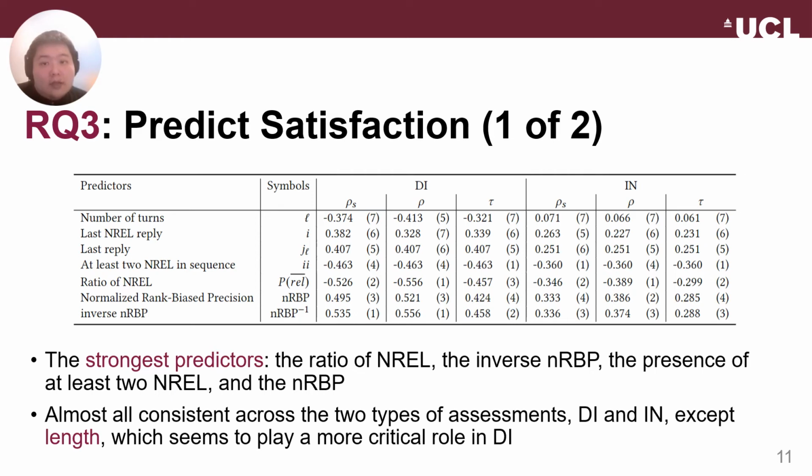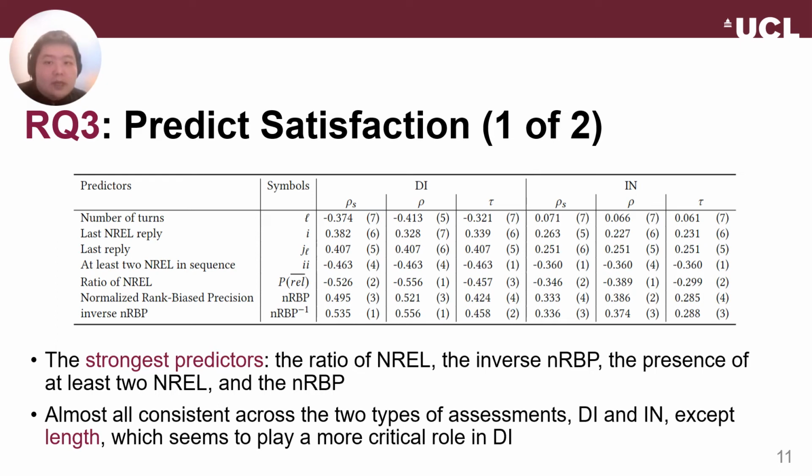We also calculate the 3 correlation coefficients for them. They are Spearman's rho, Pearson's rho, and Kendall's tau. In the brackets is the rank of the coefficients in absolute value.